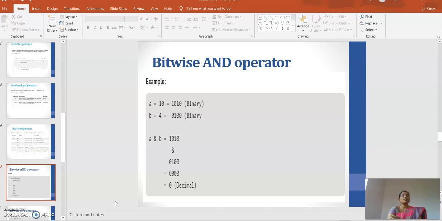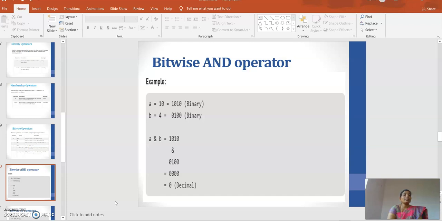Now a bitwise AND example, a is equal to 10. Bitwise operators are mainly used for binary numbers, so first convert the decimal value into binary. The value 10 has binary form 1010, and b is equal to 4, whose binary form is 0100.